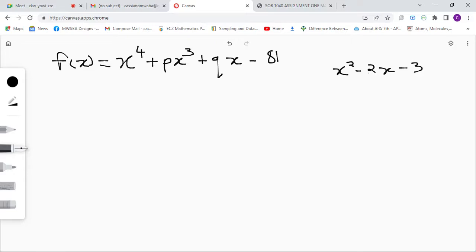All right, so we're going to get our a. A is the coefficient of x squared, and that is 1. B is the coefficient of x, that is negative 2. And C is our constant, which is negative 3.